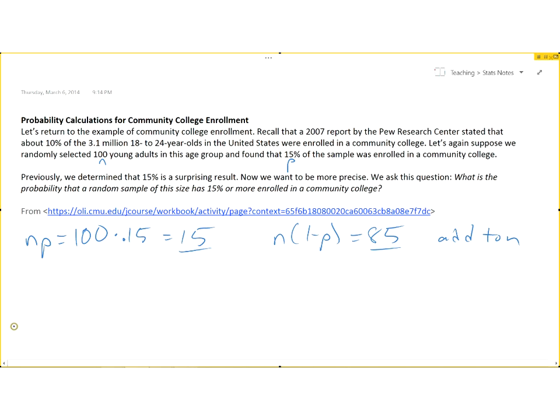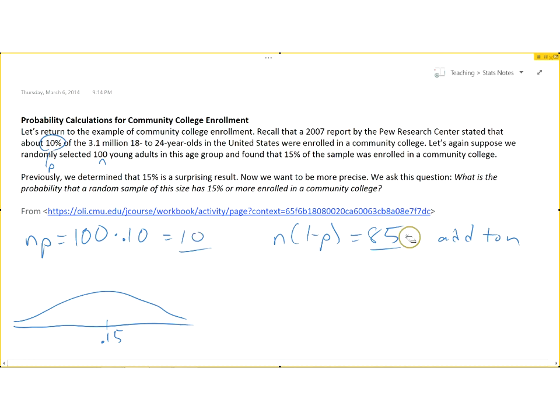So let's draw our normal distribution here. Our bell curve. And in the middle is our mean, which we said is 0.15. Oh, sorry, I used the wrong number. It's supposed to be 0.10. This is not our p, that's a p hat. Our p is here, or 10%. Sorry about that. The p is the population proportion.